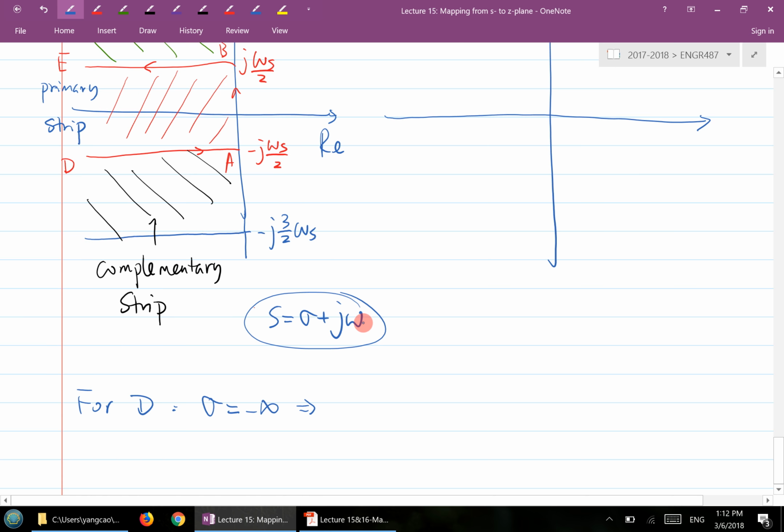When you have s equal to sigma plus j omega, remember what the mapping is: e to the power of sigma t and e to the power of j omega t. You substitute into z equal to e to the power st. So if sigma is negative infinity, your R, equal to e to the sigma t, will be approximately 0.